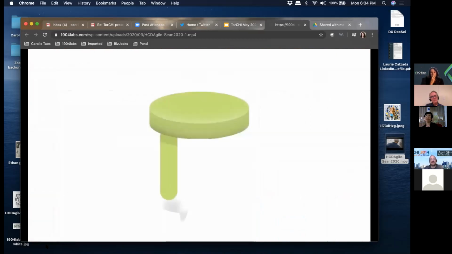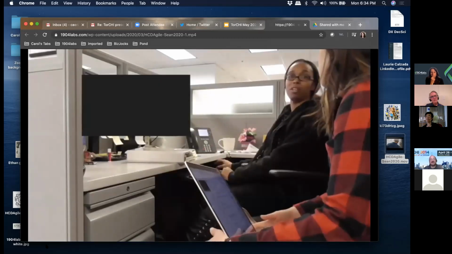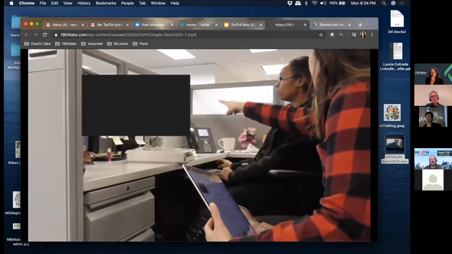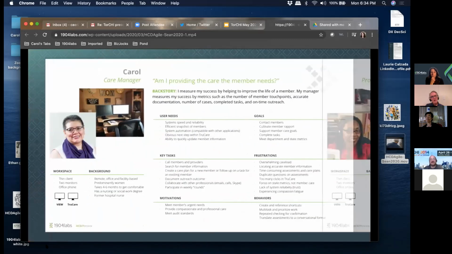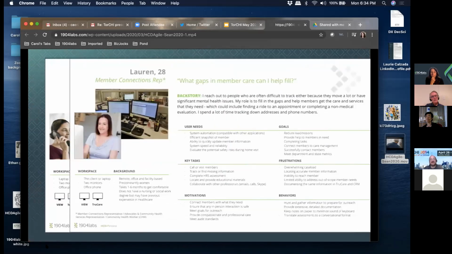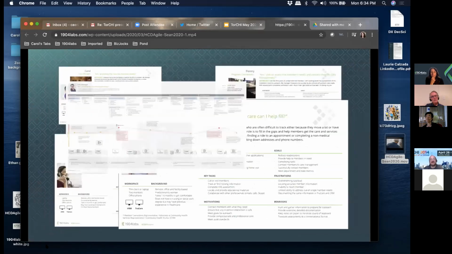We start by aligning around the goals of the business and by identifying and understanding the available technologies. We then observe and interview users in their environment. We use what we have learned to create personas, each persona with their own journey map.